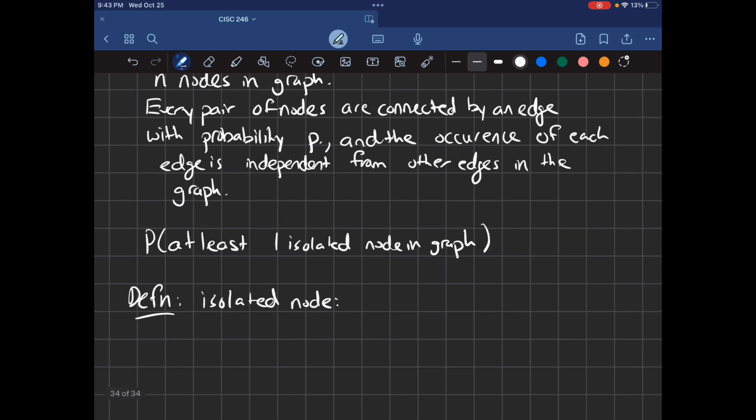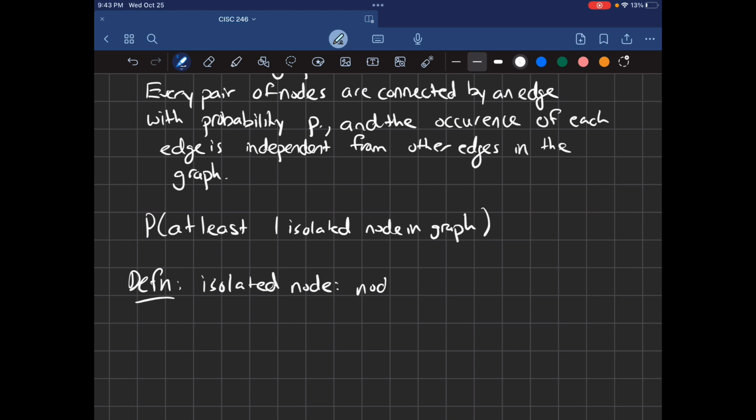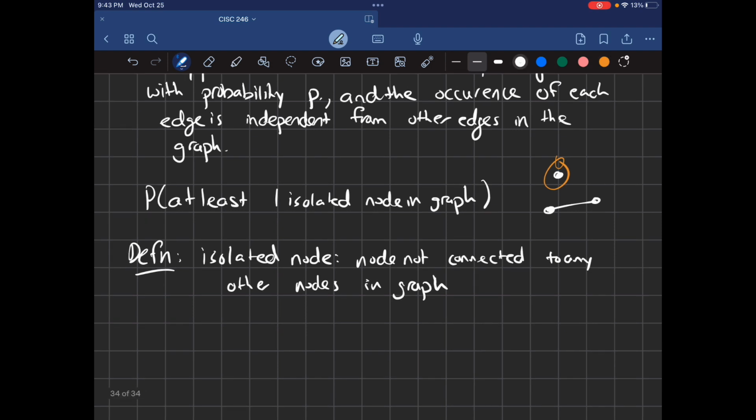It's a node that's not connected to any other nodes in the graph. So if we had a graph like this, this here would be an isolated node. And so we're wondering that if we generate graphs using this random graph generator, what's the probability that there's at least one isolated node in the graph?